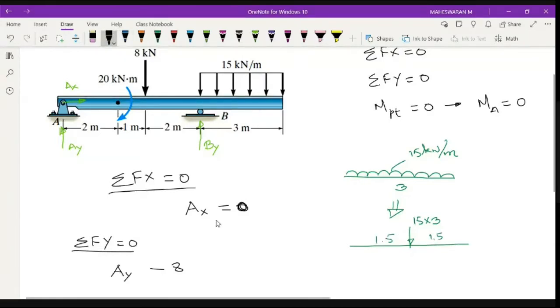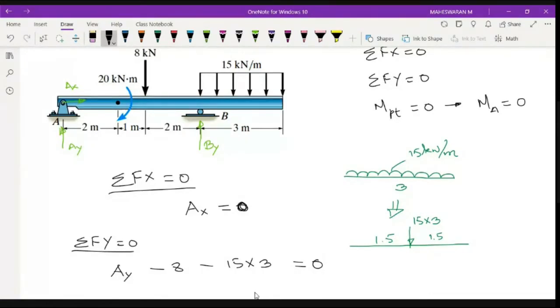That is also in the downward direction, so I can write it as minus 15 into 3, which is W into L. So there is no other force, only 1, 2, and 3. So this is equal to 0.